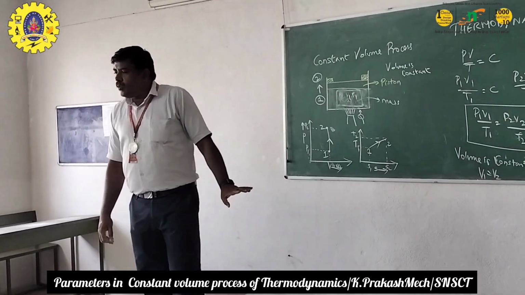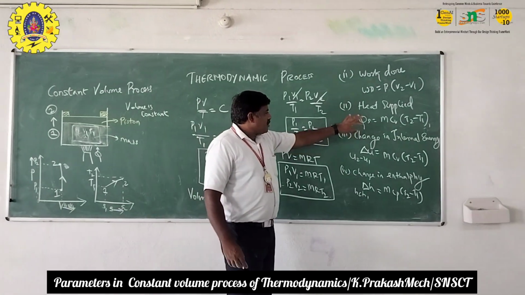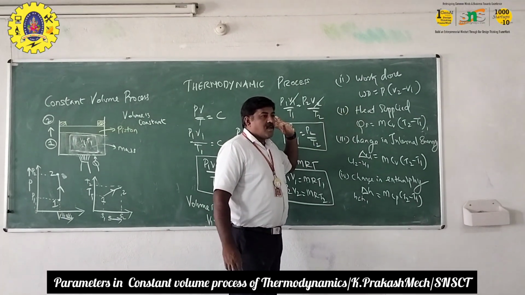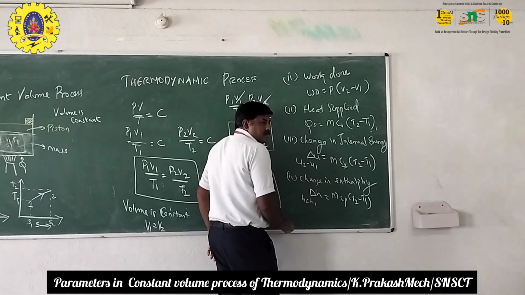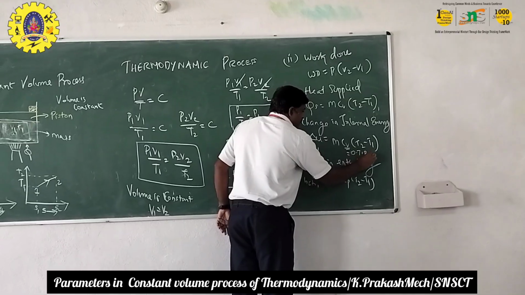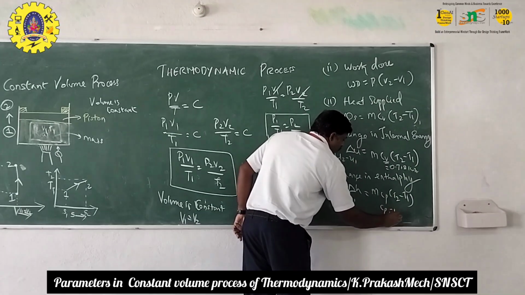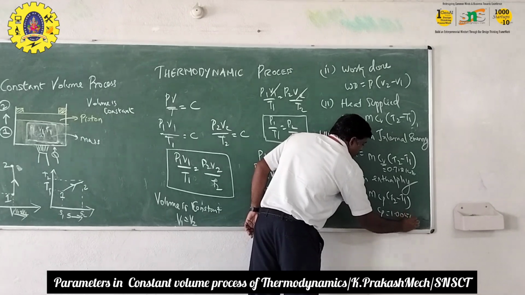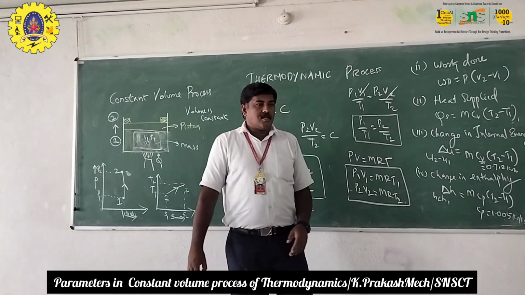Now T2, T1 and mass will all be given based on the conditions. Here CV is a constant value, 0.718 kilojoules per kilogram Kelvin, and Cp is 1.005. These are the two constant values.